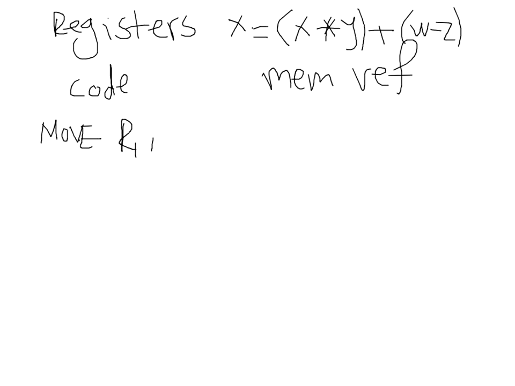And we have x here. Now see what happened. R1 is already inside the CPU. It's not in the memory, so we do not need a memory reference for this. We only need one memory reference, for the x. So here we have one.